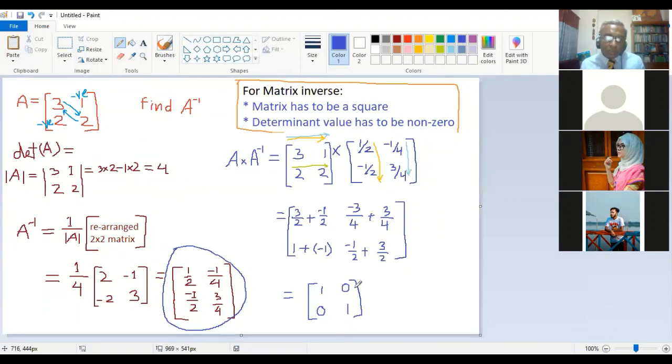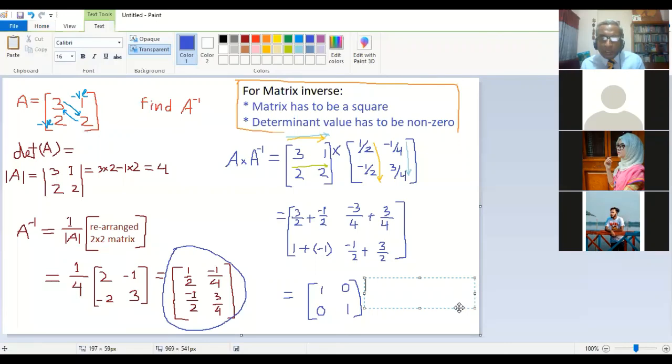So this matrix is a special matrix. It is called the identity matrix. What is actually an identity matrix?